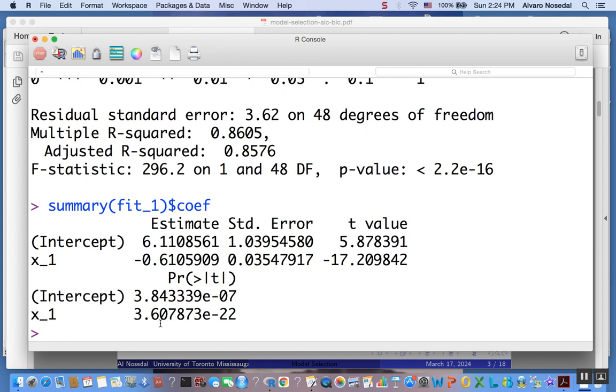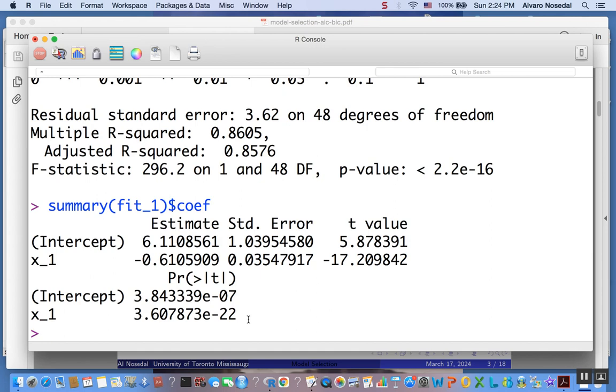As you can see, this is what we have. This is the exact p-value. We have 21 zeros before that 3, so for practical purposes, that's 0. So if that p-value is less than alpha, our significance level, we know that we reject the null hypothesis. So this is practically 0, so we reject the null hypothesis that the slope parameter is equal to 0. Therefore, we have evidence that the beta 1 is different from 0.